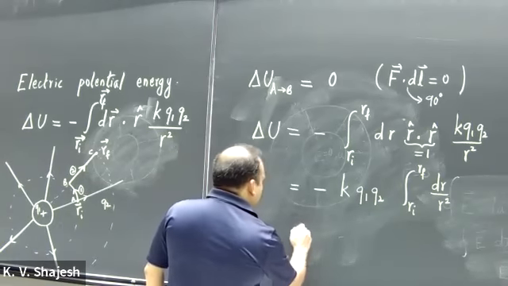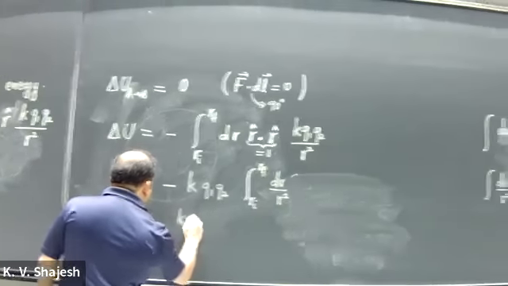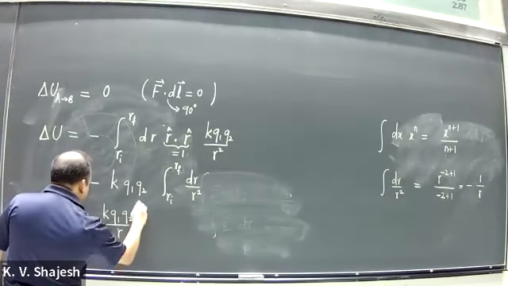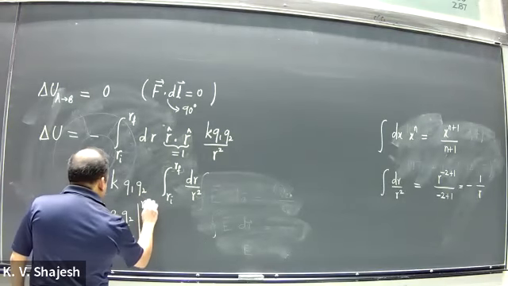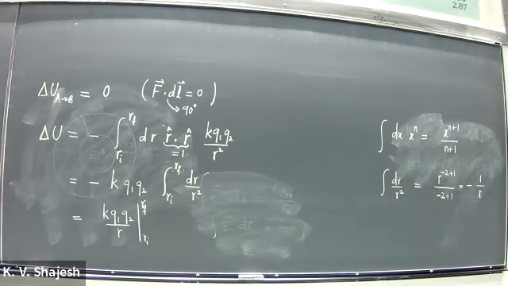So that's equal to k q1 q2 over r evaluated between our final and our initial. That's a change in potential energy to go from any point close to the sphere to another point close to a sphere.